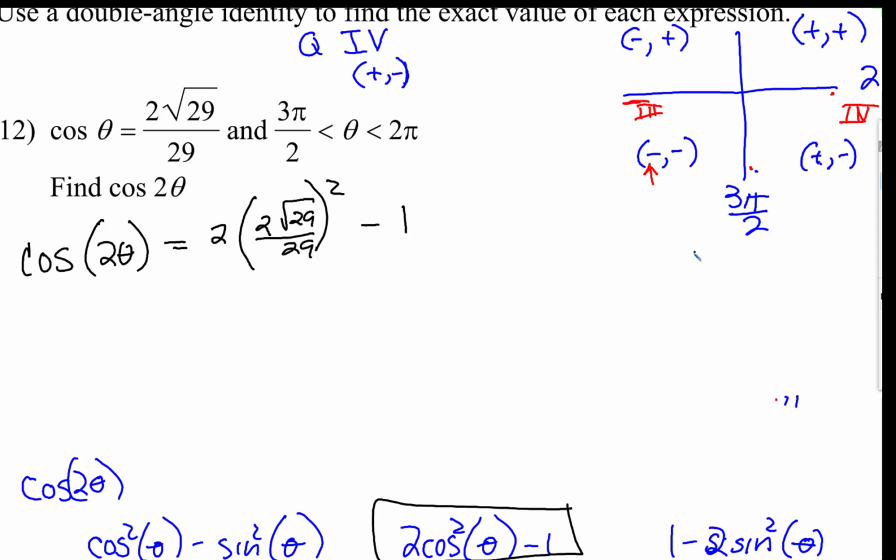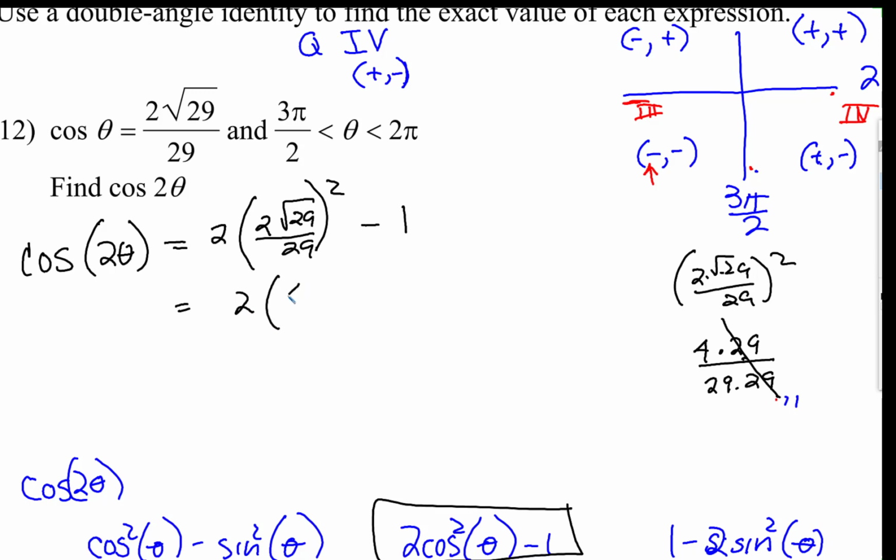Well, over to the side, 2 root 29 over 29 squared. Well, 2 squared is 4. Root 29 squared is 29. 29 squared is 29 times 29, and look, those cancel. So now this just becomes 4 over 29.